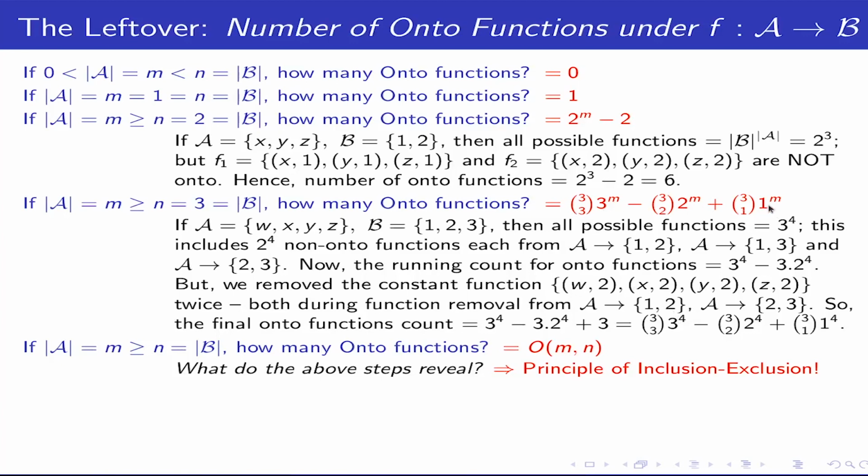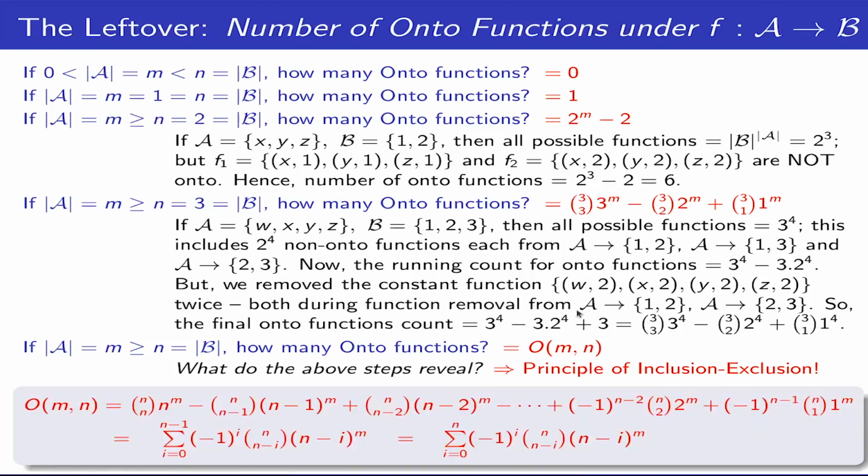Looking at this formula of inclusion exclusion, you can now think of, let's say, M elements to N elements, how many onto functions are possible. This is the magic number. To start with, it looks horrible, but let me explain with whatever we have done with n equal to 3 and m. It is just nCn times n to the power m, here C3 C3 times 3 to the power m. Our n is 3 here. Then what do we do?